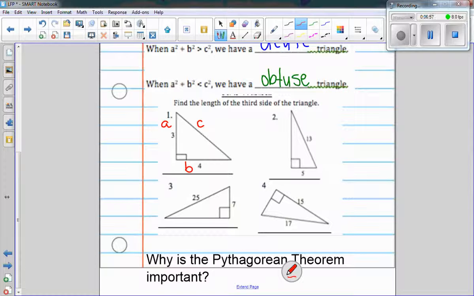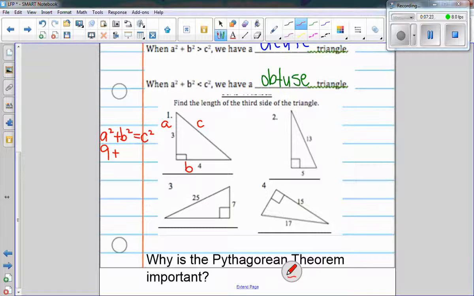So if I have A squared plus B squared equals C squared, I'm going to substitute these different values in order to solve for C. I know that A is 3, so A squared is going to be 9.